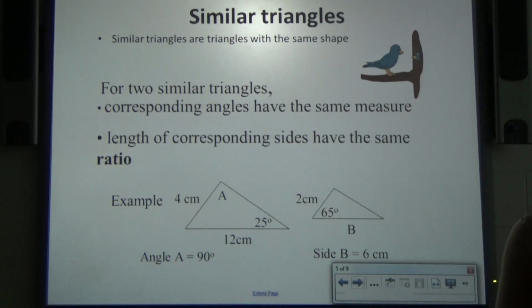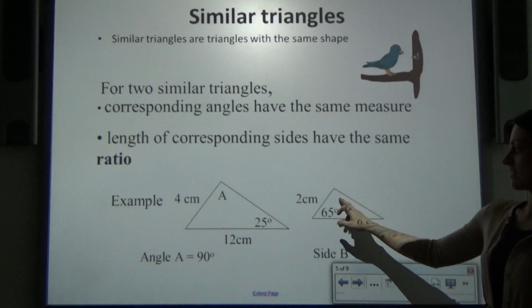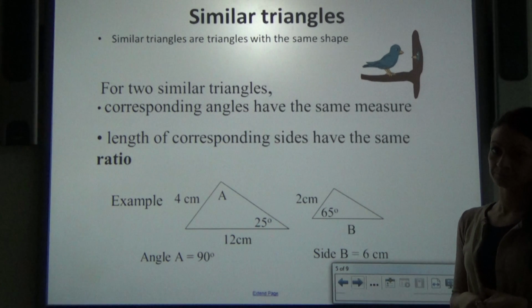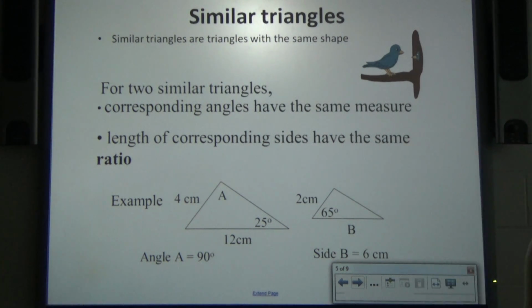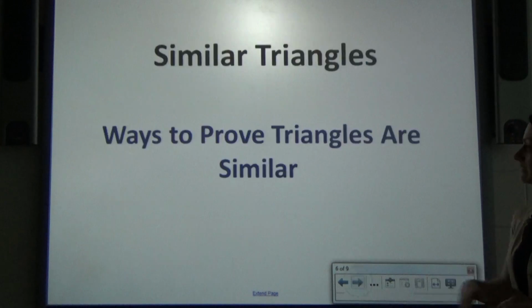And the other thing I would have to check is that these angles in here are the same as these three angles in here. Side lengths do not have to be the same for similar shapes and similar triangles. Angle measurements absolutely have to be the same for similar shapes and similar triangles. And we'll talk a little bit more about this example tomorrow in class.